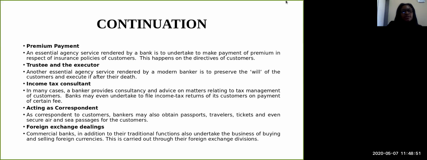The next agency function is trustee and executor. This function is also essential.